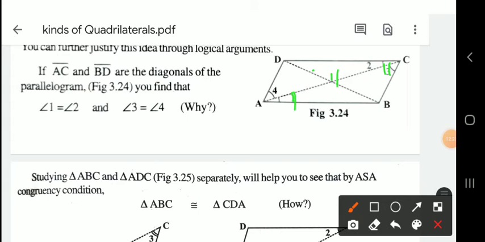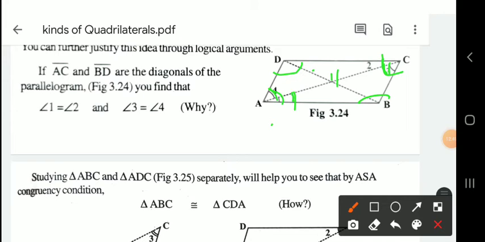If these two triangles are congruent to each other, then their corresponding angles and corresponding sides are the same. So angle B is equal to angle D. Here we get angle B is equal to angle D. Also angle 1 and 2 are the same, 3 and 4 are the same.